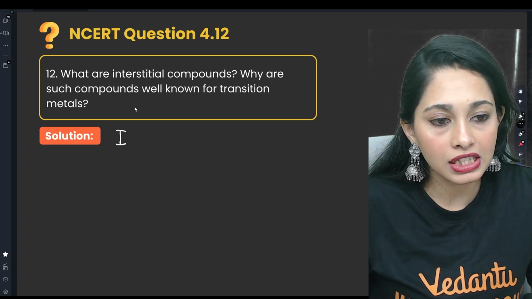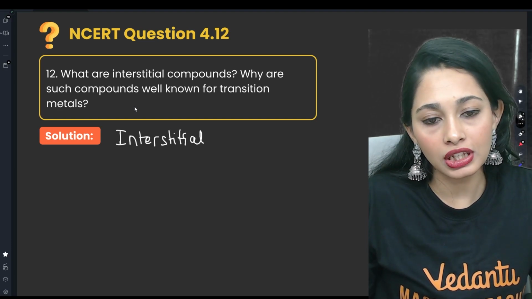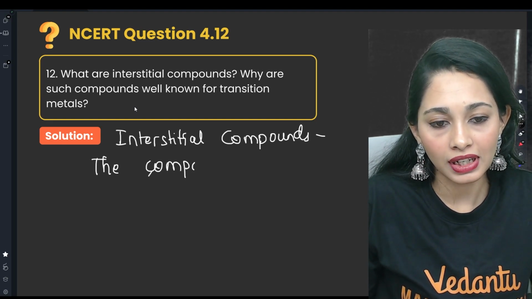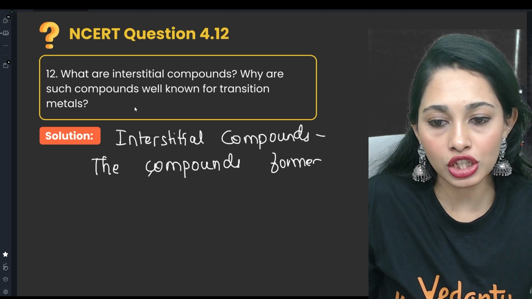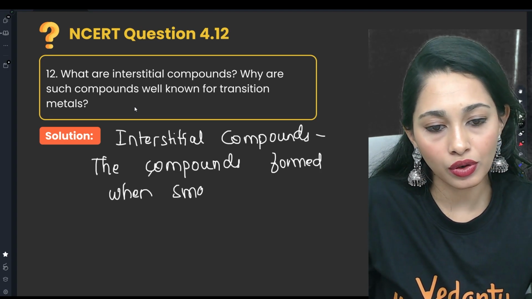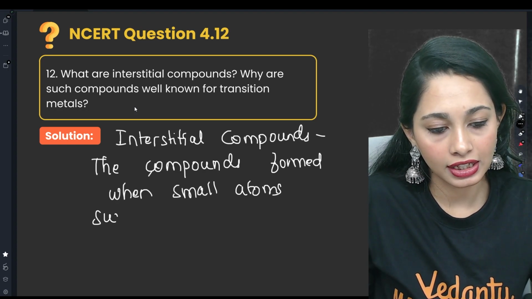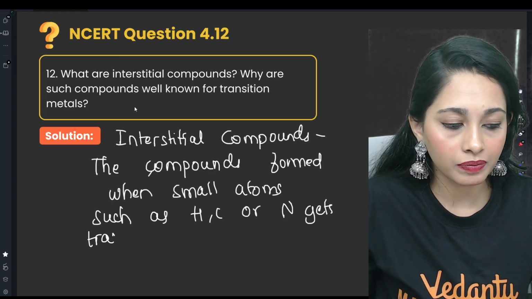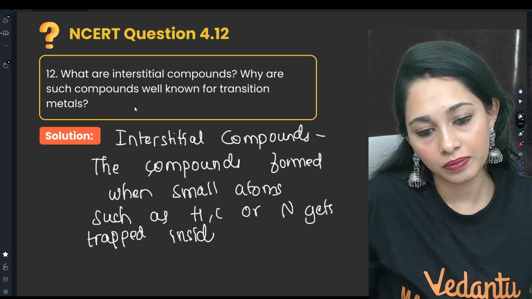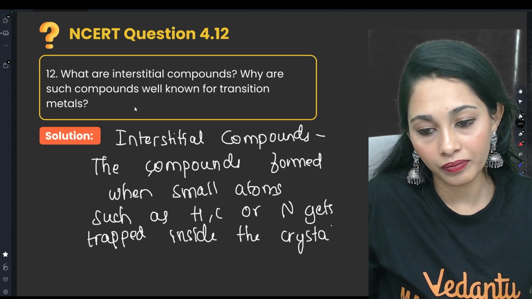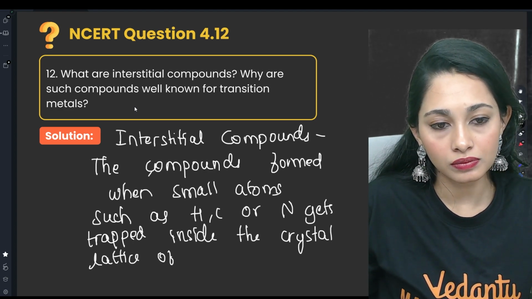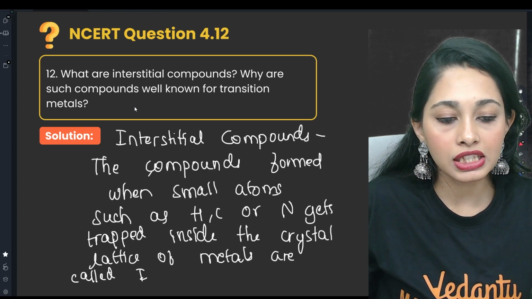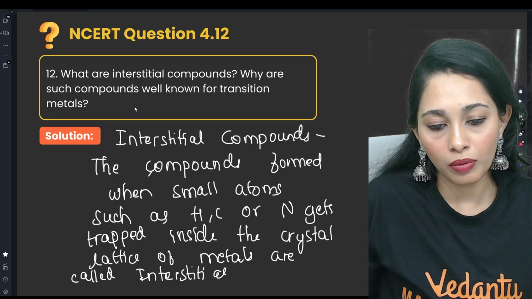Interstitial compounds are the compounds formed when small atoms such as hydrogen, carbon or nitrogen get trapped inside the crystal lattice of metals.